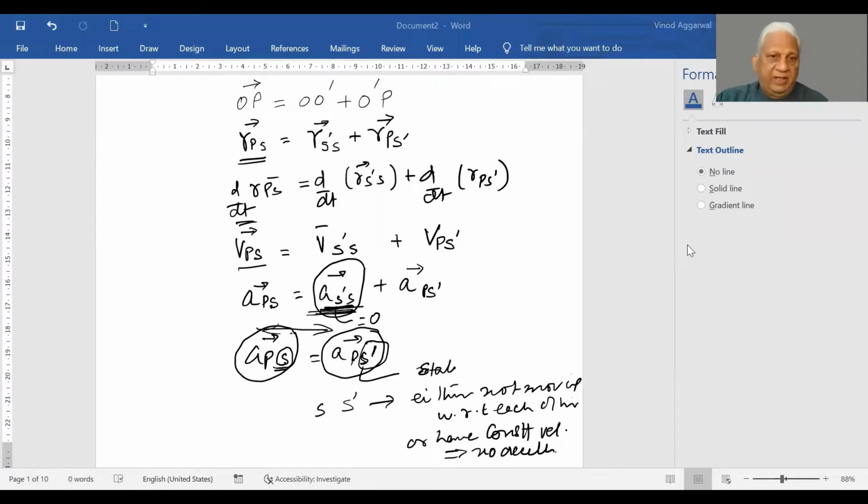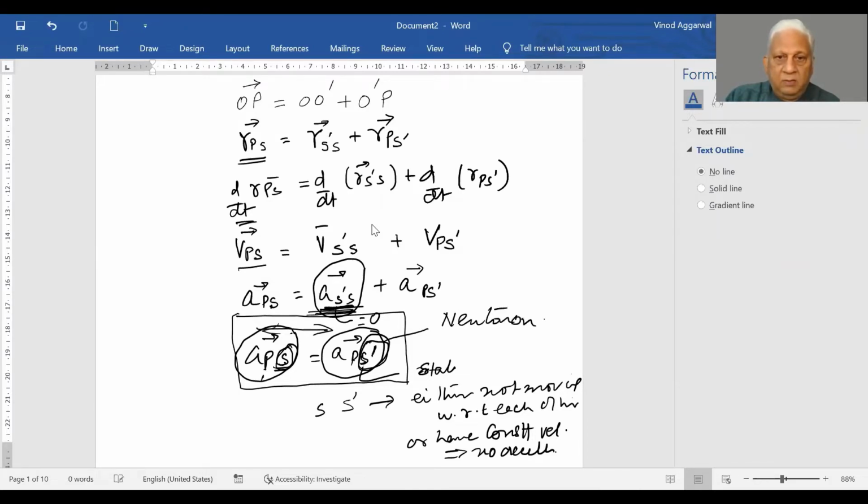So to reiterate once again, as we have seen here, if you observe the same phenomena from two different frames of reference, all the Newtonian laws will be applicable and will hold true.